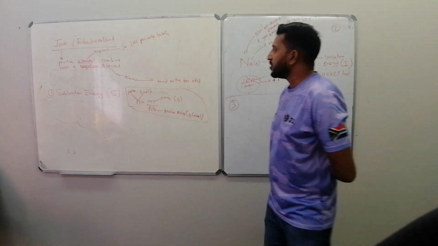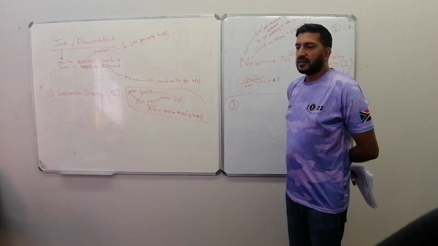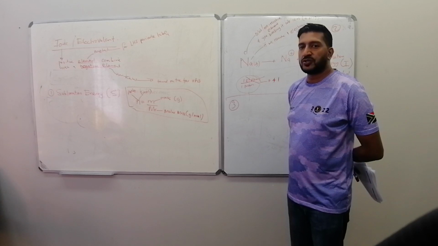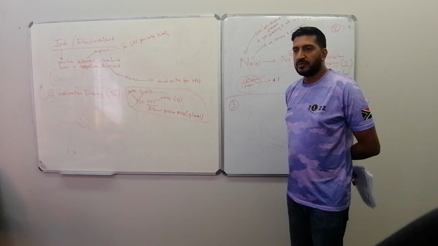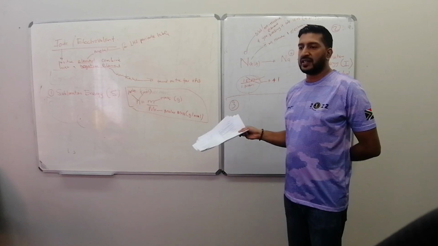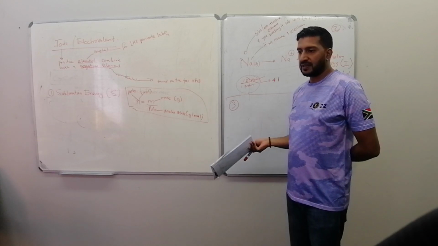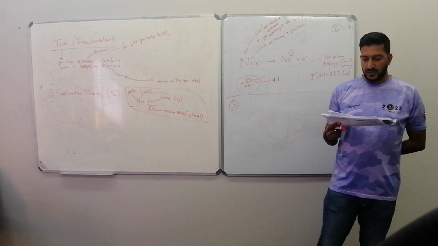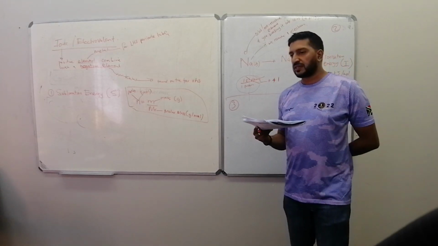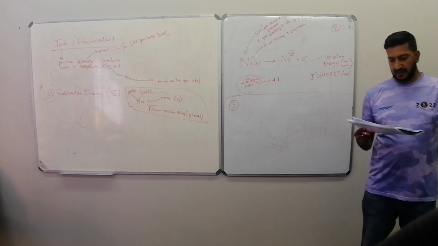We said ionic bond is between a positive and a negative. Covalent is a sharing of electrons, usually between two negative elements. So we got chlorine and chlorine. So we are breaking the covalent bond. So the amount of energy used to break this covalent bond is known as what? Dissociation.